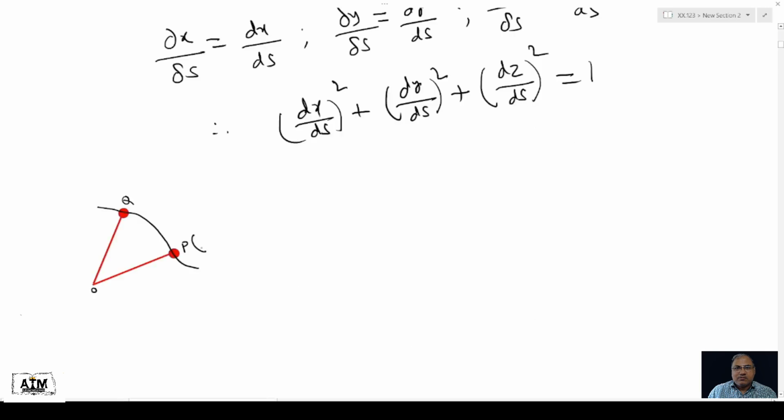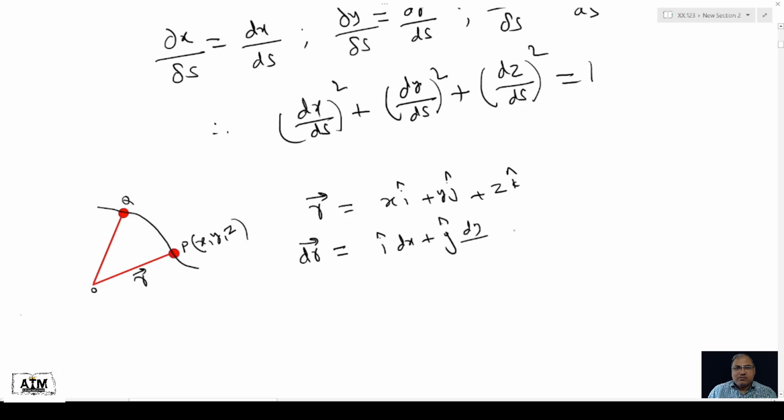Suppose the coordinates of point P are x, y, z and vector OP equals to vector r. Now in terms of position vector r, we can write vector r equals to x into i cap plus y into j cap plus z into k cap, and we can write vector dr equals to i cap into dx, j cap into dy and plus k cap into dz.